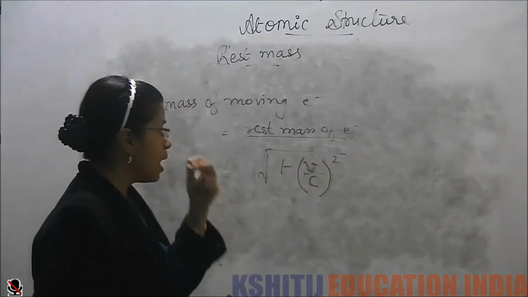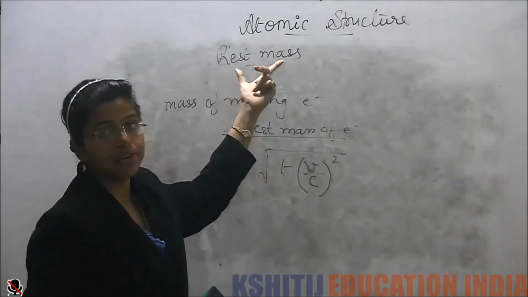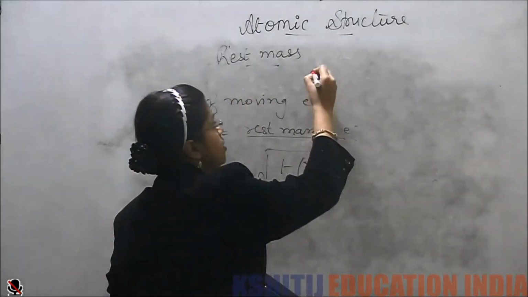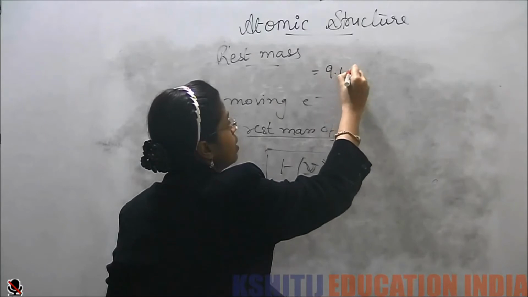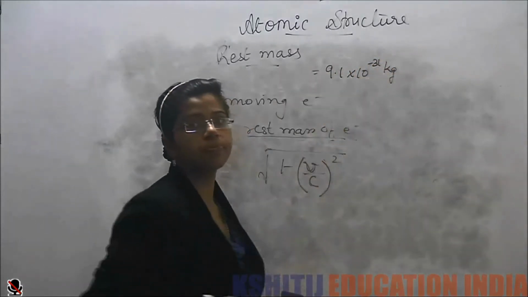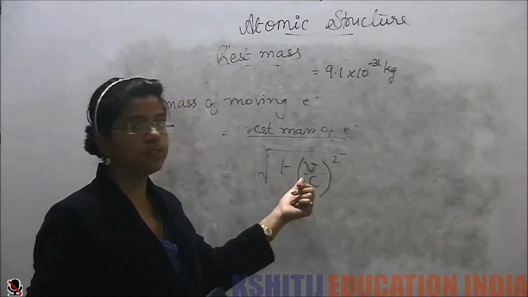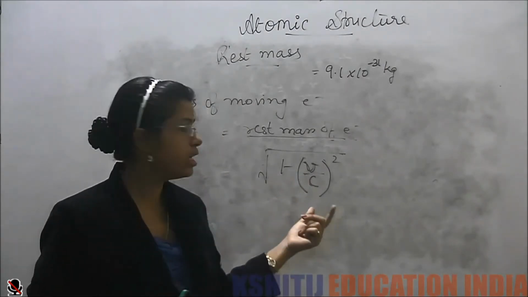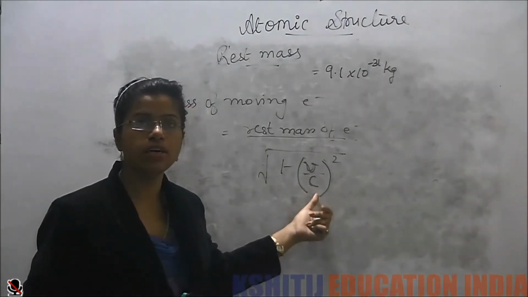And it has been found that the rest mass of the electron is 9.1 × 10^-31 kilogram. Here v is what? Velocity of the electron, c is the velocity of light.